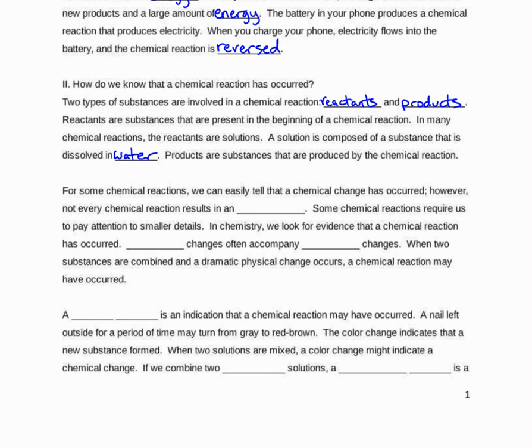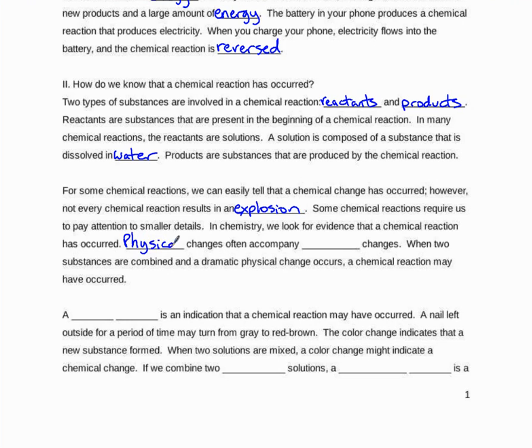For some chemical reactions, we can tell pretty easily that a chemical reaction has occurred. However, not every chemical reaction results in an explosion. Some chemical reactions require us to pay attention to smaller details. So in chemistry, we're looking for evidence that a chemical reaction has occurred.